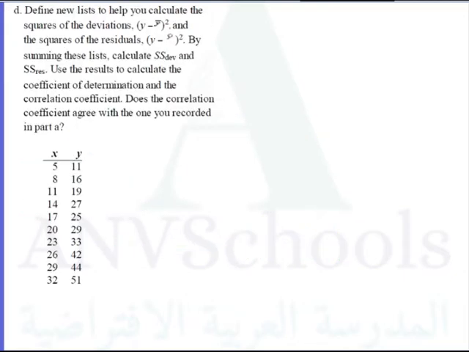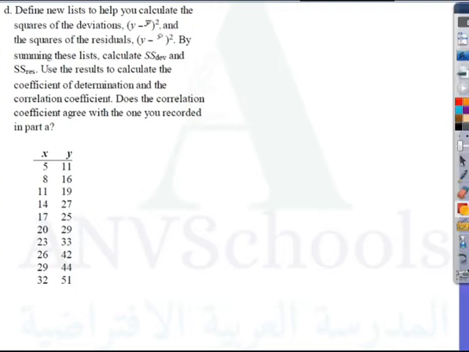Define new lists to help you calculate the squares of the deviations, y minus y bar squared, and the squares of the residuals, y minus y hat squared. By summing these lists, calculate SS dev and SS res. So in here we are going to make tabular comparisons for our deviations and residuals.